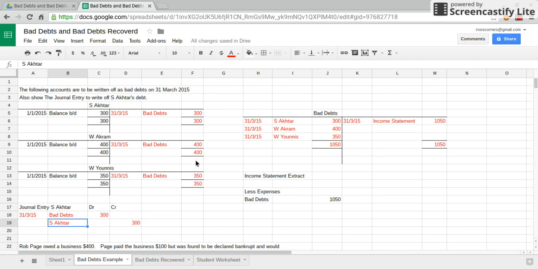S. Akhtar's account has been credited, so we need to make it clear that there needs to be a credit entry in S. Akhtar's account. And we need to also have a commentary, don't miss an easy mark in an exam. Bad debt written off. No problem.